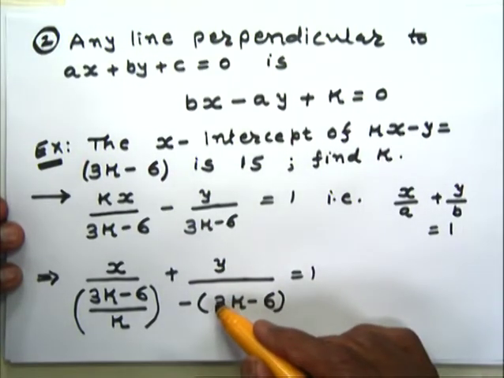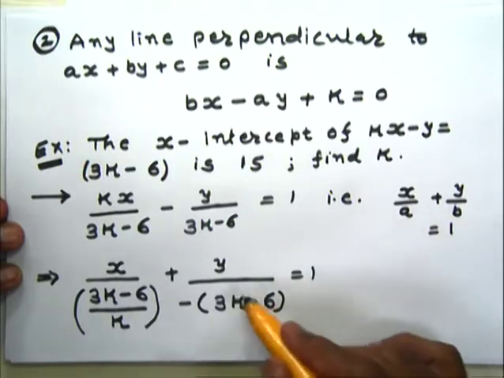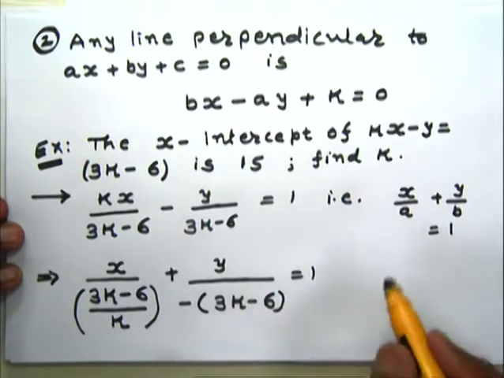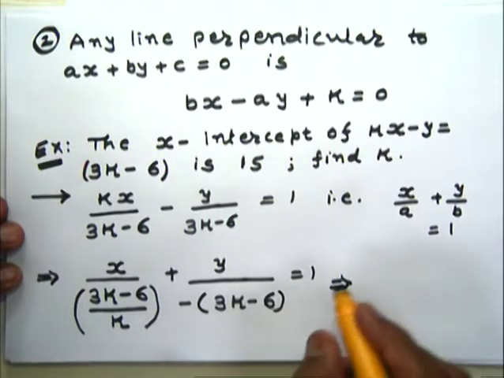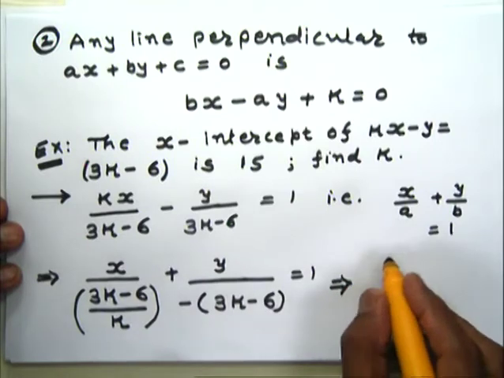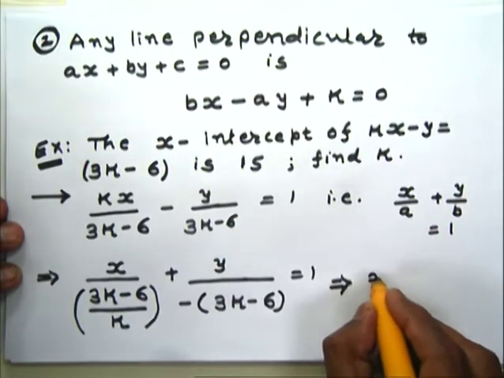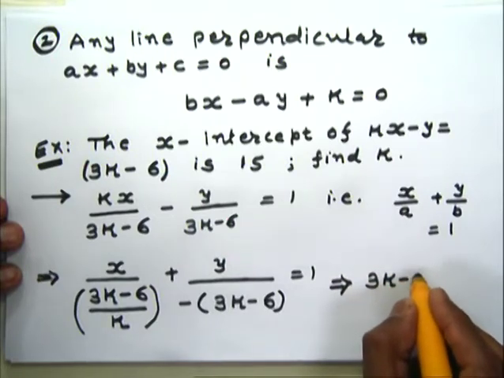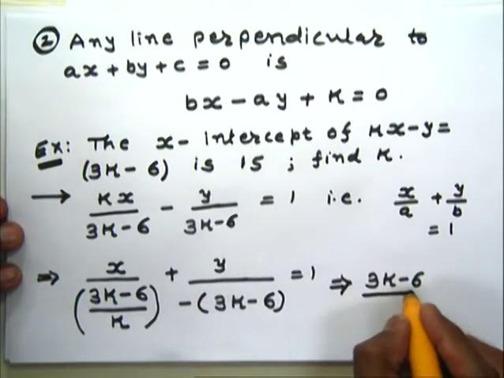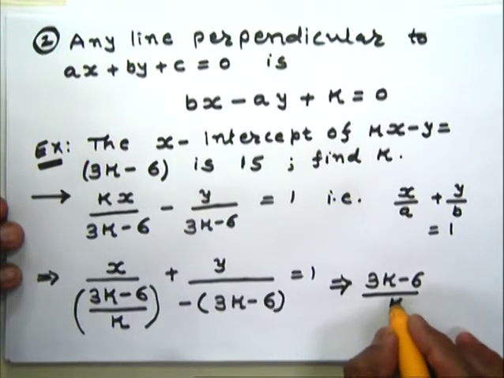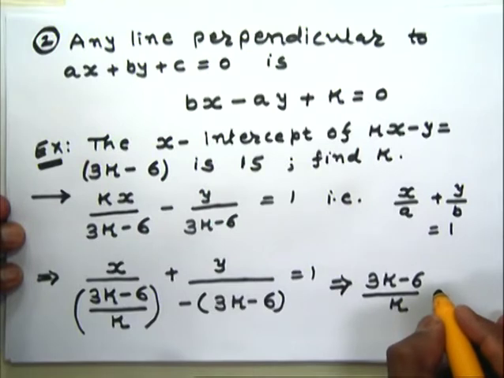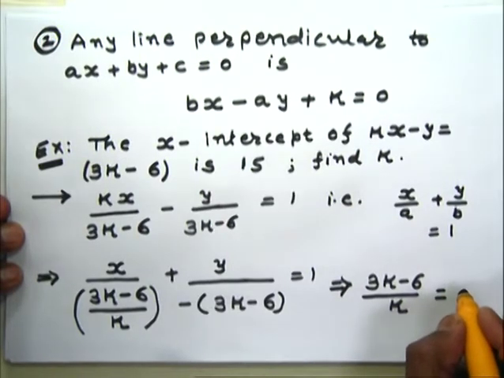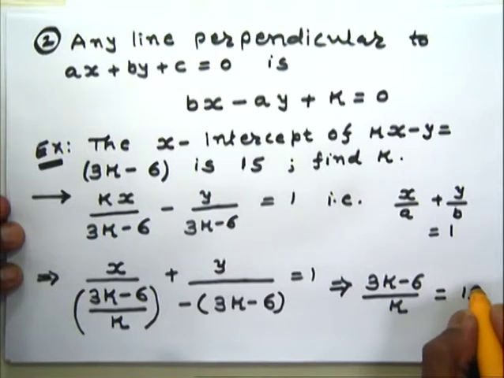So on comparing this line with the standard one, I find that the x-intercept, that is a, is found to be 3k minus 6 divided by k. This is the x-intercept, and it is given to us as 15.